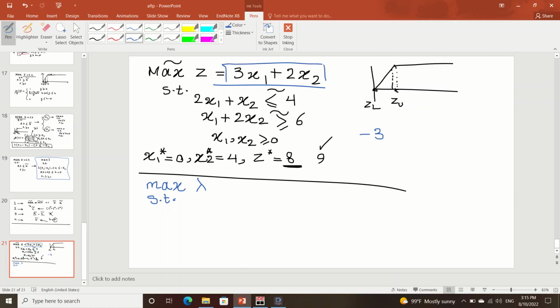On the right hand side of this equation, expression 3x1 plus 2x2 must be multiplied in the negative value: negative 3x1 minus 2x2 is less than negative z upper, and this is our z upper. Okay.